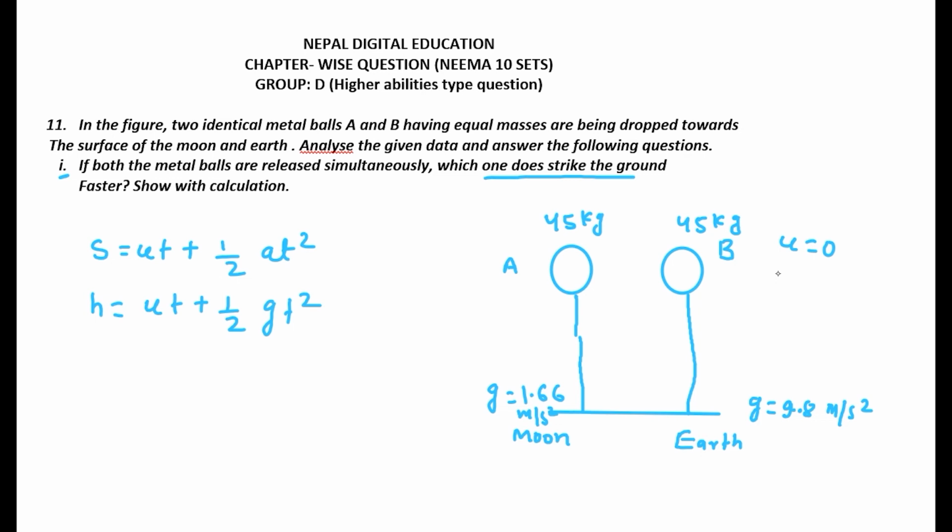When these two metal balls are dropped toward the surface of the moon and the earth, initially the velocity is 0. So this equation becomes s equal to 0 into t plus half gt square, so s equal to half gt square.